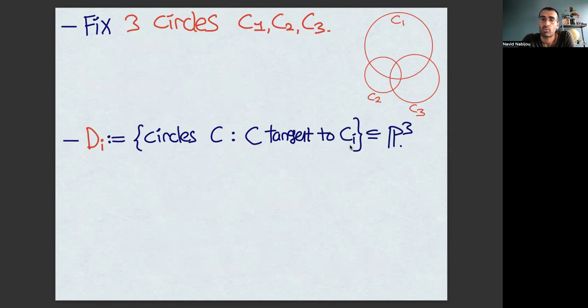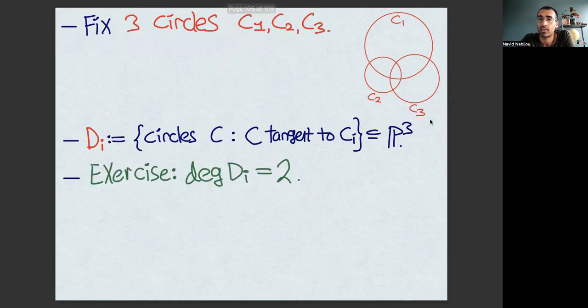Remember that the set of all circles is P3, this moduli space. So if I look at circles with this tangency condition, that gives me a subset of P3. It turns out that this is a hypersurface, defined by a single polynomial equation in P3, and its degree is 2.